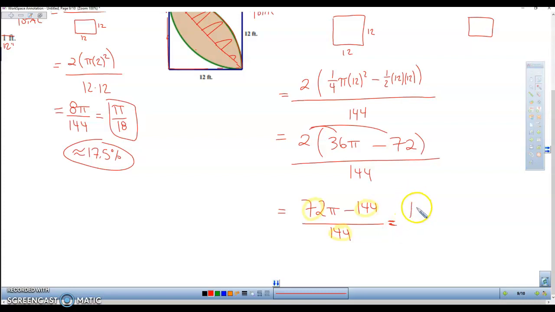So this would give me 1 pi, or just pi, minus 144 divided by 72 is 2, and again 144 divided by 72 is 2. That is the answer in the simplest form. And then to get it as a percentage, I'll divide it in my calculator. So I got pi minus 2 divided by 2 gives me approximately 57.1%.